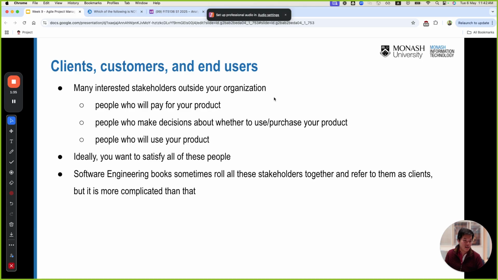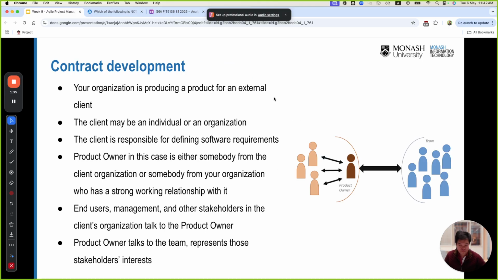These are the clients of the software products. In the real world, when you outsource the project to an external organization, this is called contract development. That means your organization is producing a product for an external client. You are like a software company.